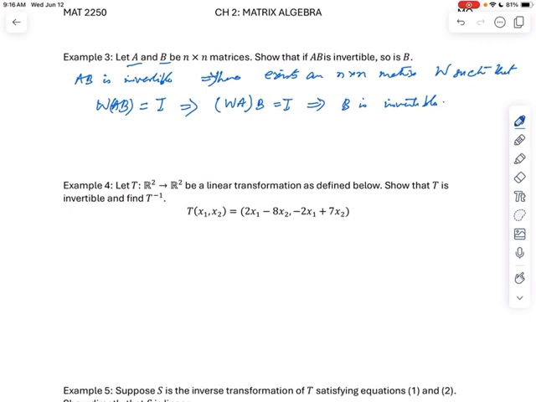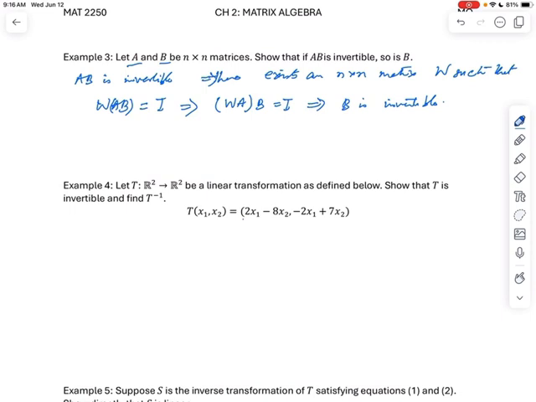So if you recall, with every transformation, there is a standard matrix, and you can get the matrix A by using the standard base vectors.